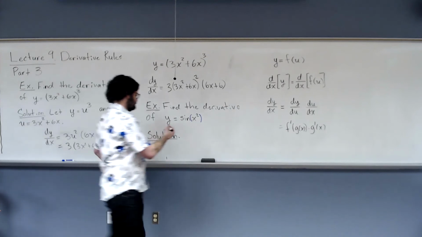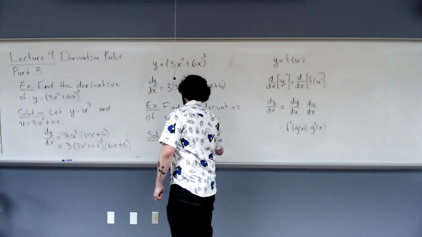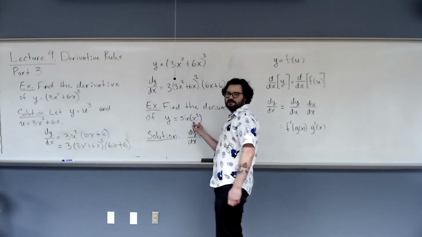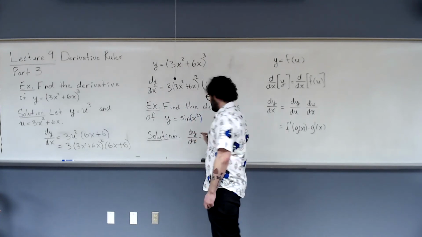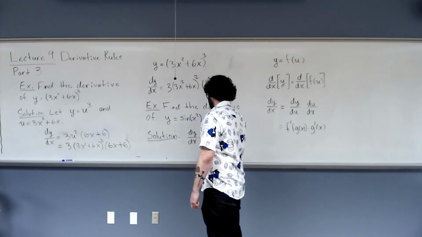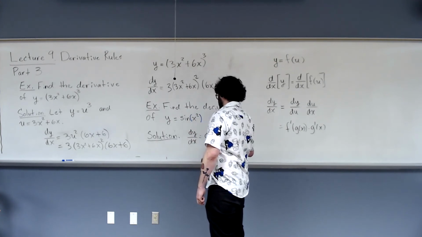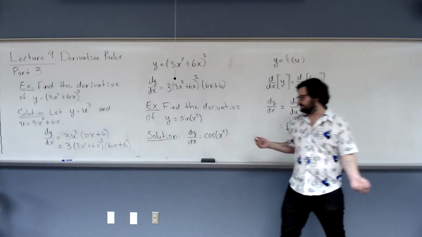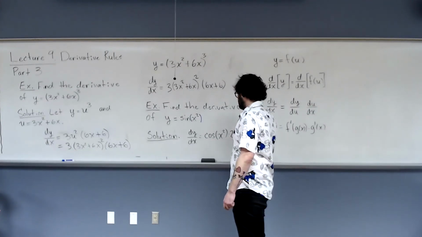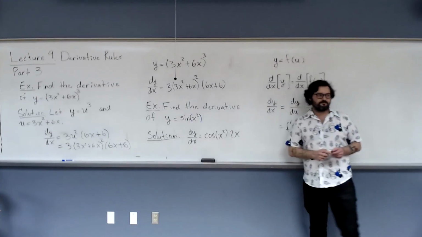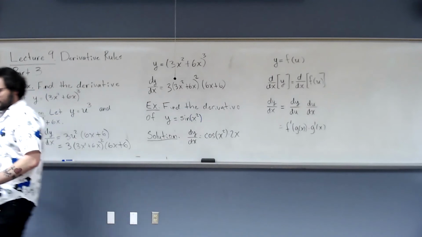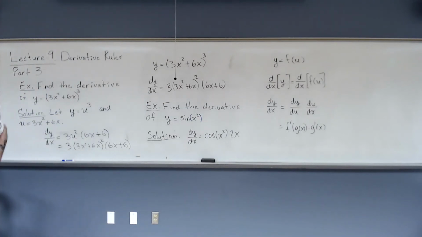The derivative is cosine of whatever is in there, so cosine of x squared, times the derivative of the inside function, which is just what? 2x, done. And it's that simple.